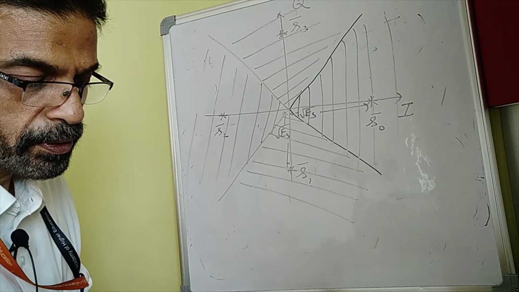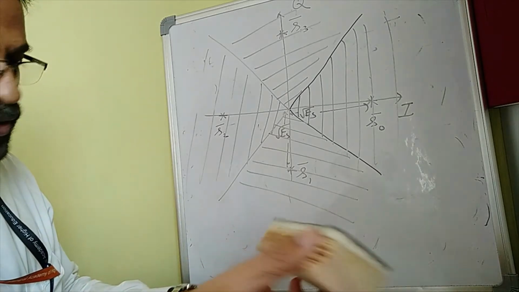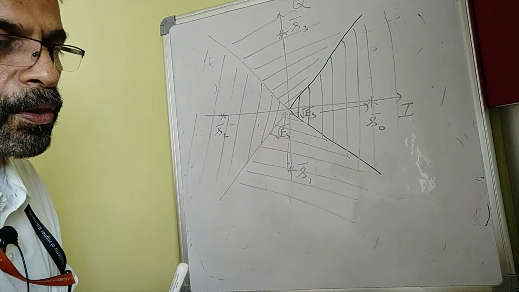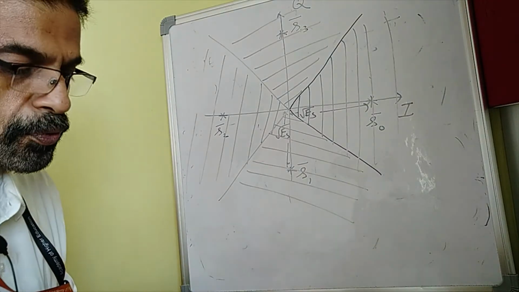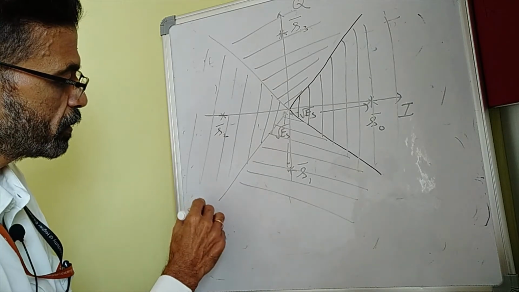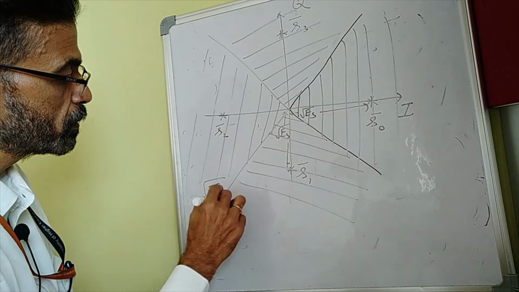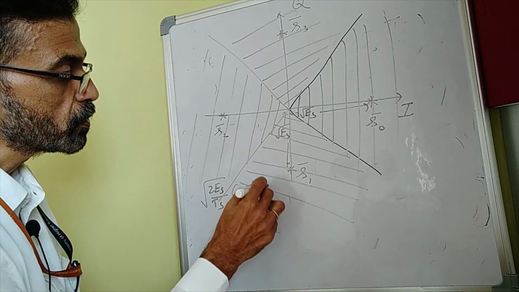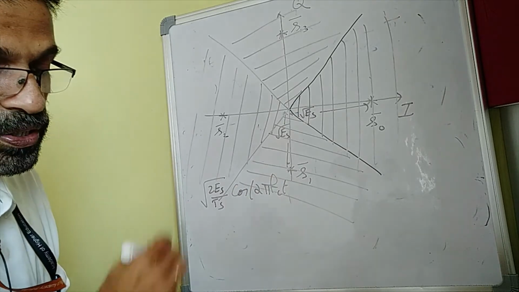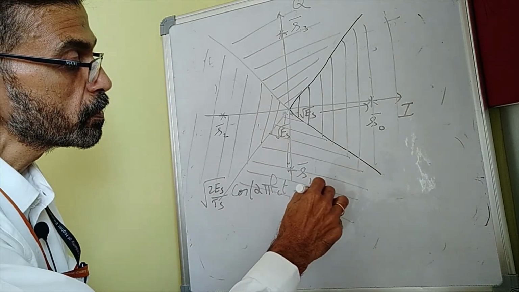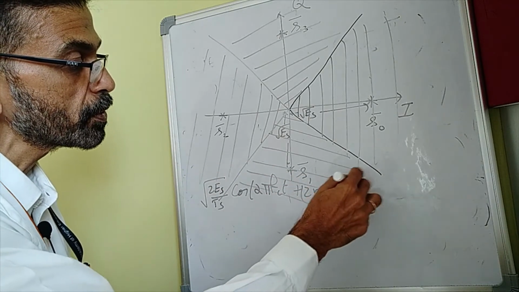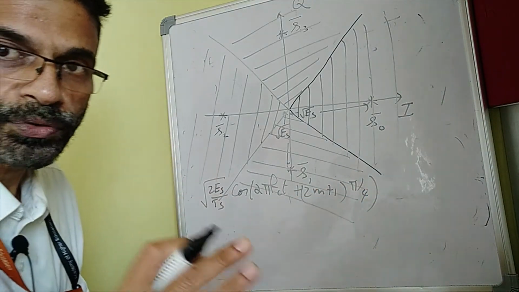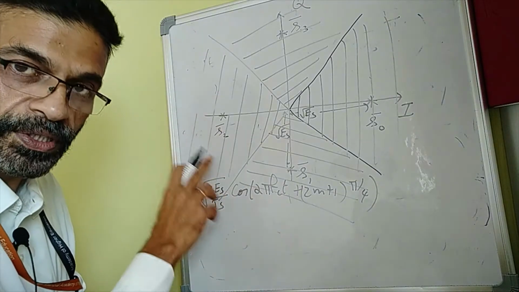And just for the sake of completion, one can show that if you take the signal s_m(t) = sqrt(2Es/Ts) cos(2 pi fc t + (2m+1) pi/4), for m = 0, 1, 2, 3, this was the signal for the QPSK which we discussed earlier.